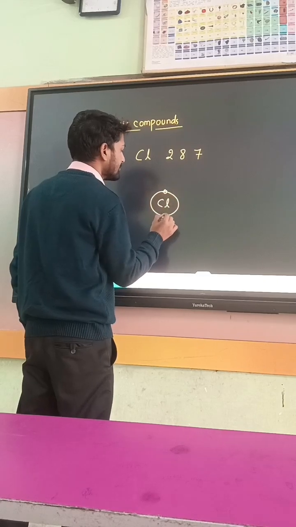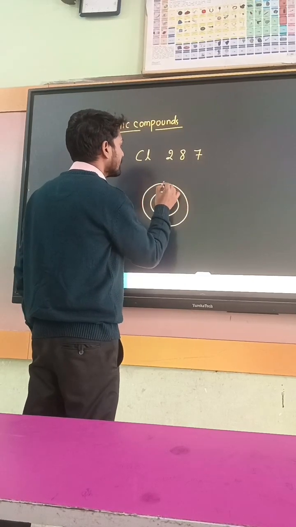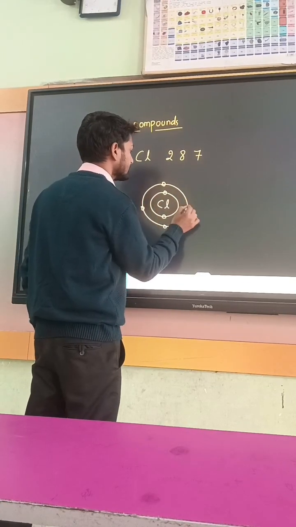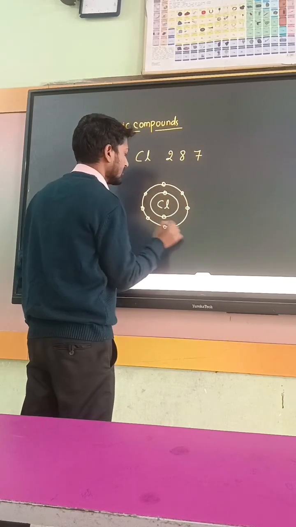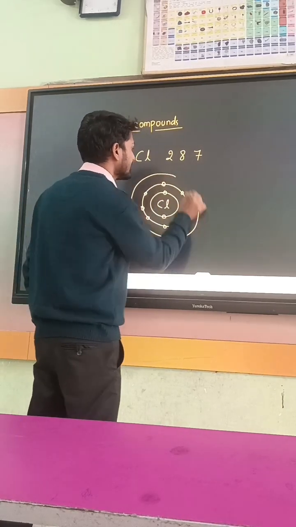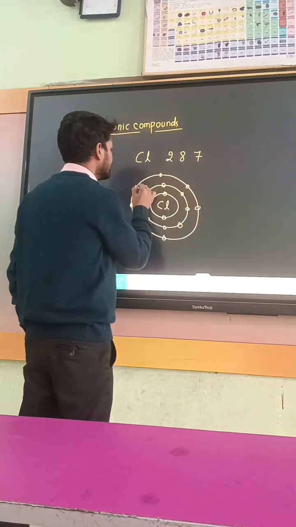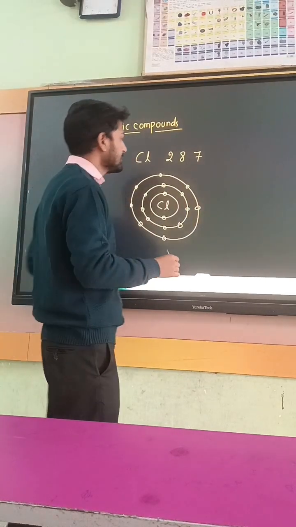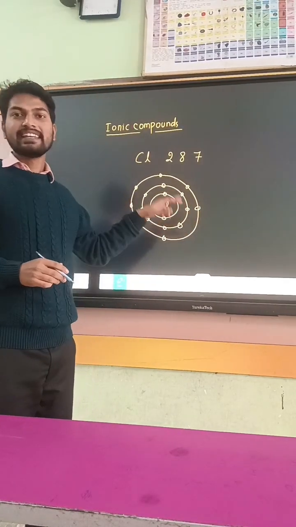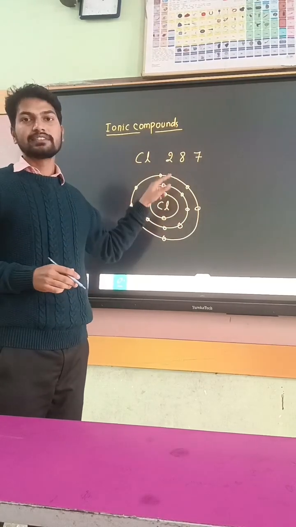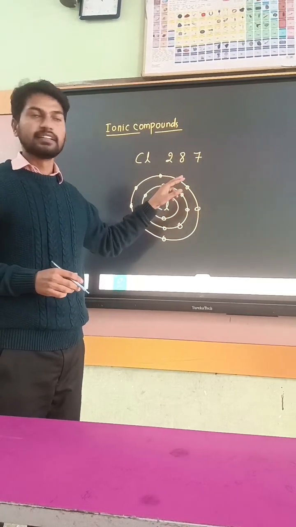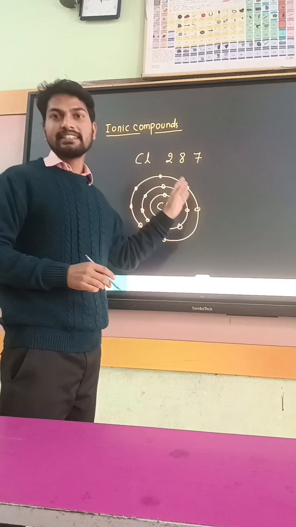let's draw the structure of chlorine. In its outermost shell there are 7 electrons: 4, 5, 6, 7. Means if it gains an electron, then it has an electronic configuration like argon, and that will make it stable.